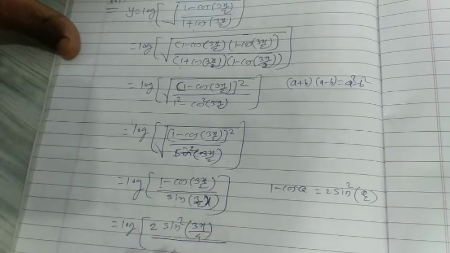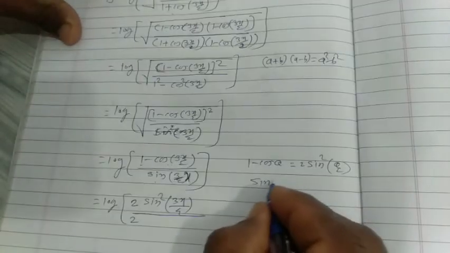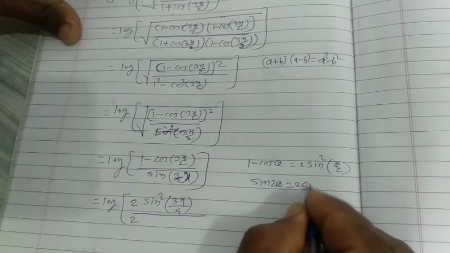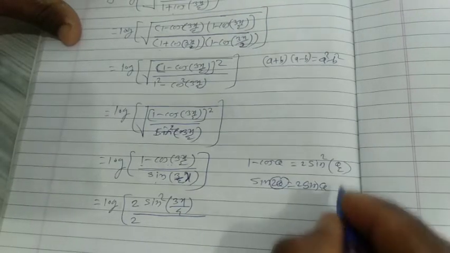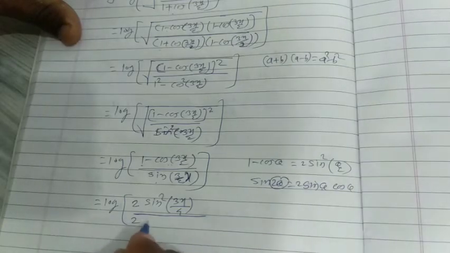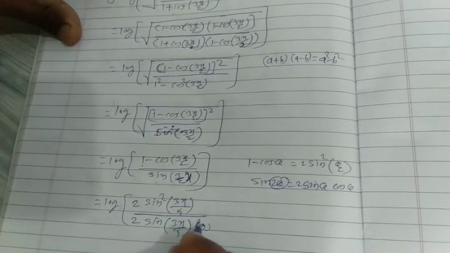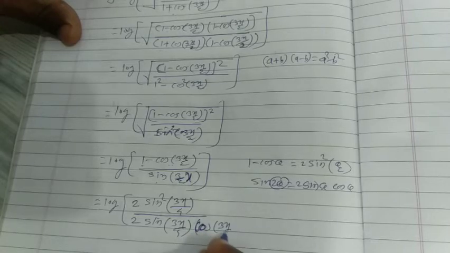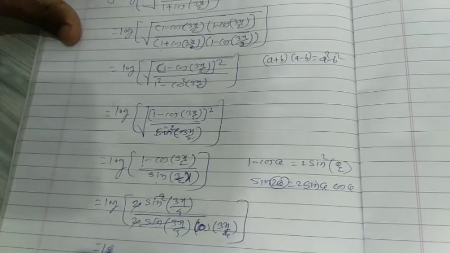At the denominator we change this as sine 2 theta. We know that if the angle is double, then it is a single. At the right-hand side, cos theta means sine 3x by 4 and cos 3x by 4 at the denominator. Here we see they cancel these two terms. What remains at the numerator?